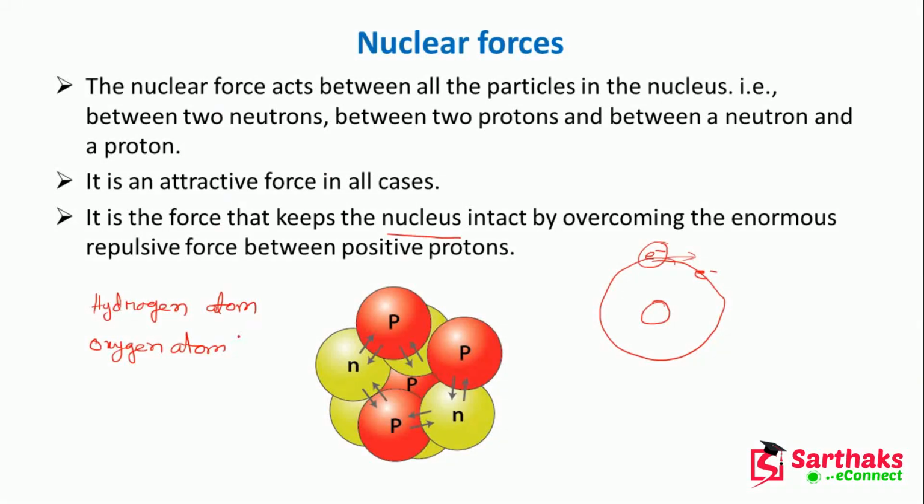One is the nucleus, another is the shells. In the nucleus you have protons and neutrons, and the other thing is the electron, right? So what are the things? That is proton, neutron, and electron, right?